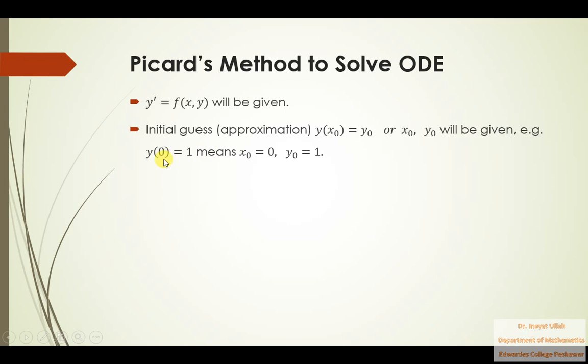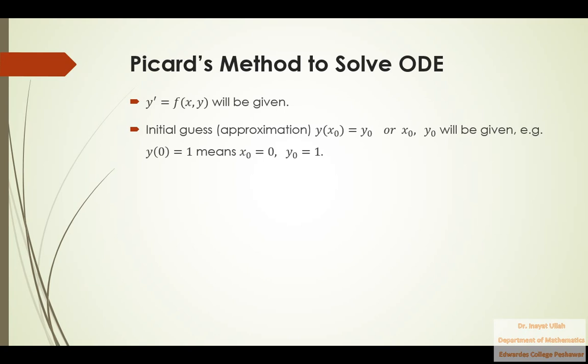Just look at this: y of 0 is equal to 1. If you compare this with the notation, we get x naught is equal to 0 and y naught is equal to 1. That is the second style for initial approximation.